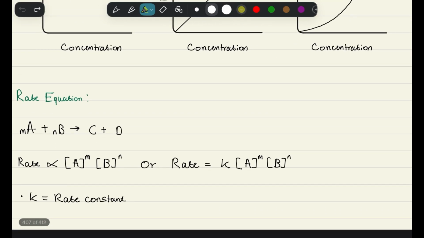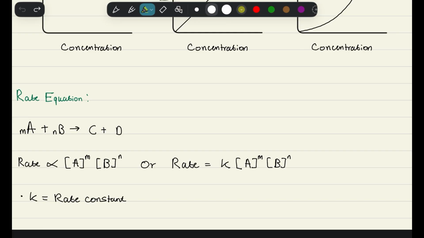Now, your rate equation is something that we're going to sit with a bit longer, coming up in the next slide. What you should see is we have a reaction, A plus B goes to C plus D, and the numbers in front, the m and n, are just meant to represent the stoichiometry. Now, when we're making a rate equation, we say rate is directly proportional to the reactant to the power of whatever number's in front of it, times the other reactants to the power of whatever is in front of it.